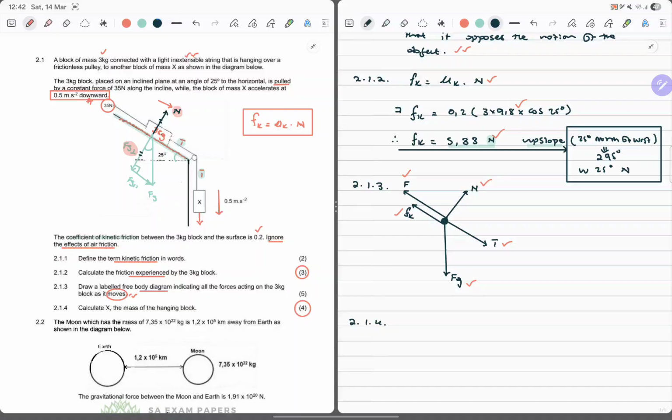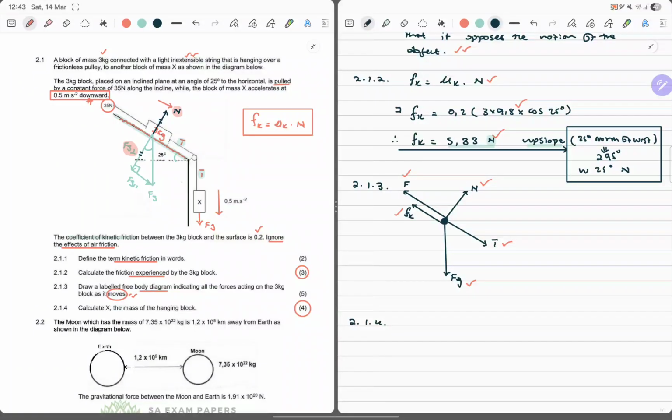Okay, not a big deal. There's going to be a force down, right? And what should that force be? It's going to be Fg, right? For that block. Now, Fg has to be greater than the tension for us to accelerate.